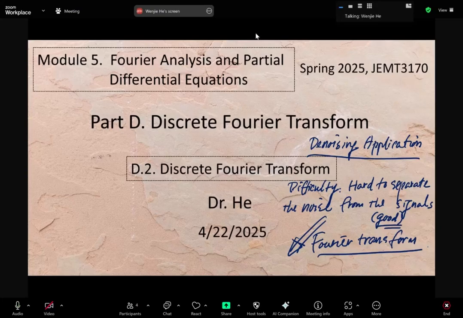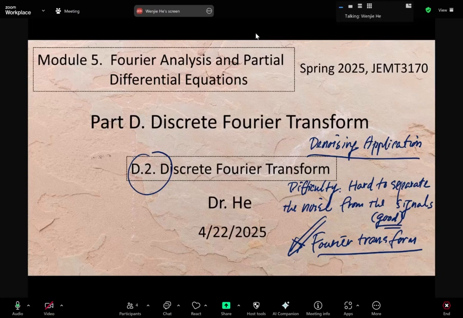You have a signal function. I will elaborate on it in our next topic, D.2, where we will talk about the signal function. Now we apply the Fourier transform on our signal function. What do we get?